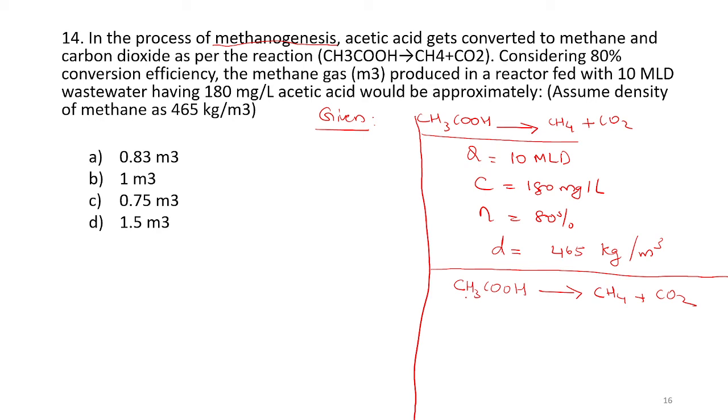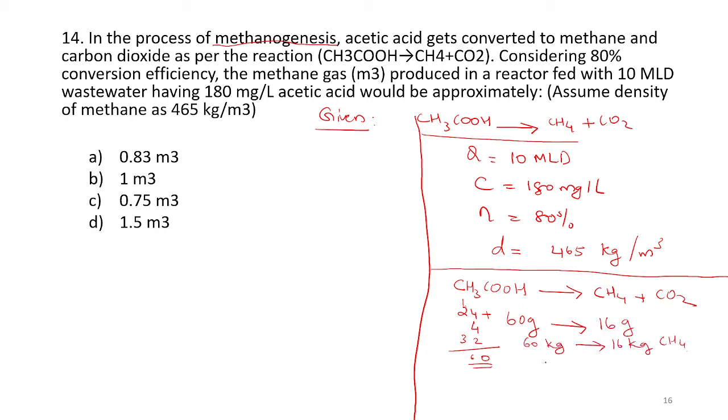So 60 gram of acetic acid is converted to 12 plus 4, 16 gram methane. Similarly, 60 kg acetic acid in the normal case will get converted to 16 kg of methane. So that is what we know.